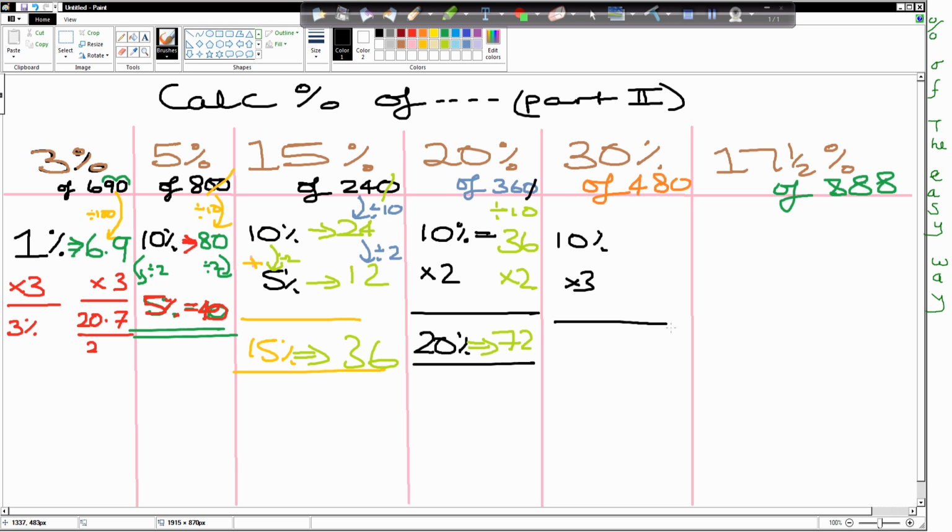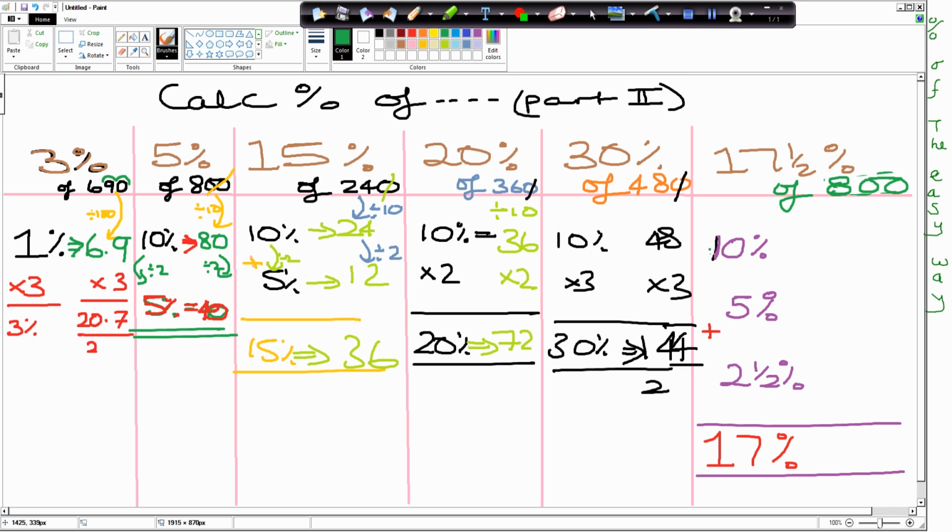So now that you begin to understand it more, that's how we would work out all these numbers. We divide by 10, that gives you 48. And then we times it by 3. 4 times 3 is 12. So the final answer is 144. So 30% of 480, work out 10%, triple it, that gives you 30%. And that is all done.